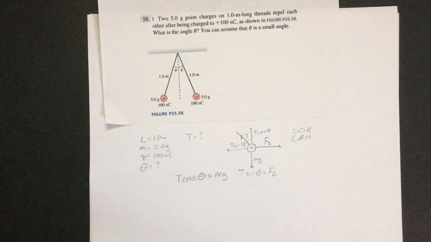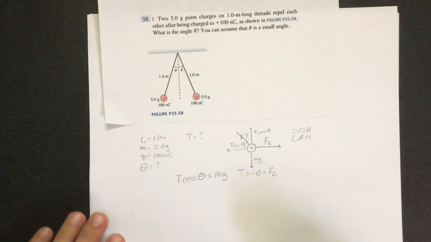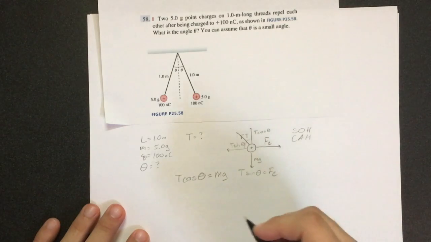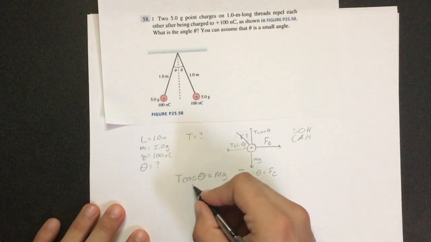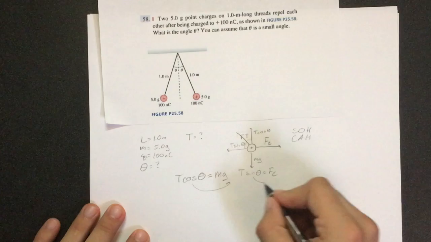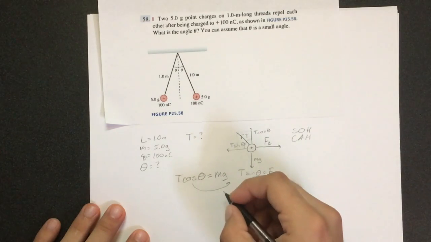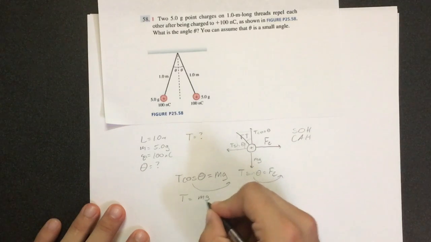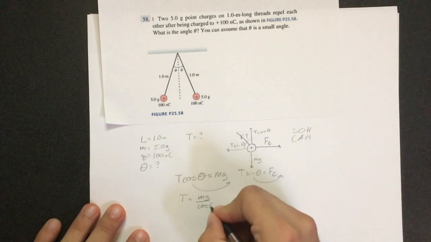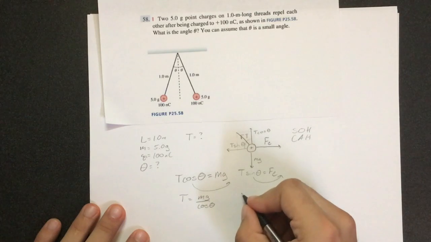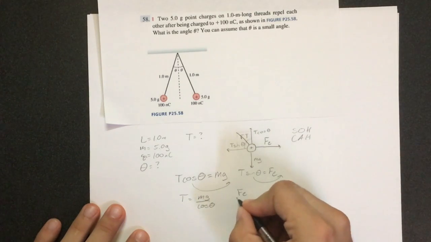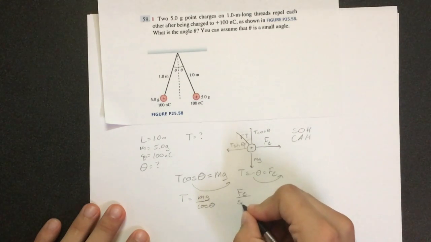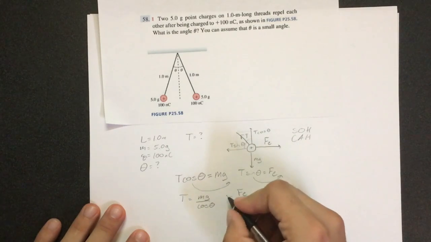Now, this allows us to set up another equation when simplifying for tension. If you move these values to the other side of the equation, we get tension equals mass times gravity over cosine theta, as well as force of electrons over sine theta equals tension.